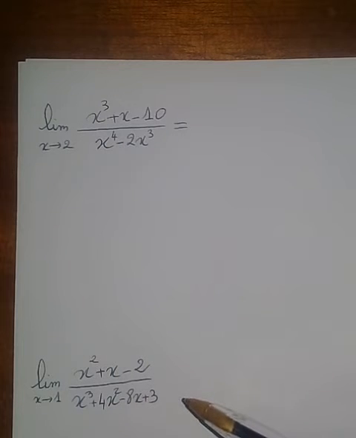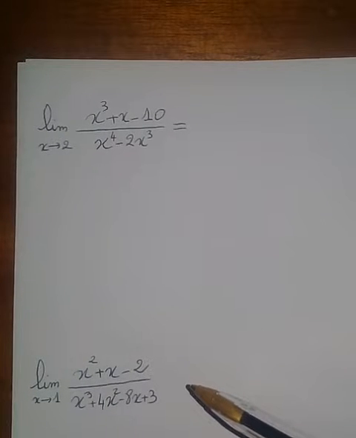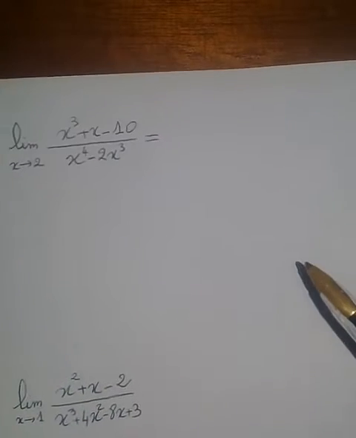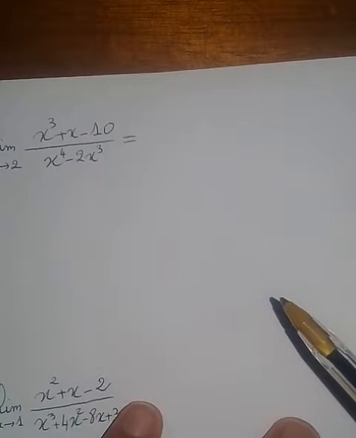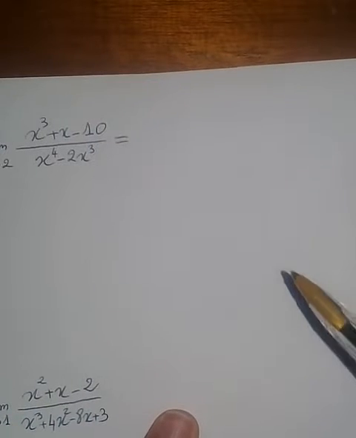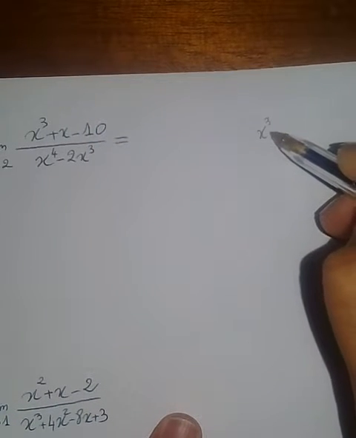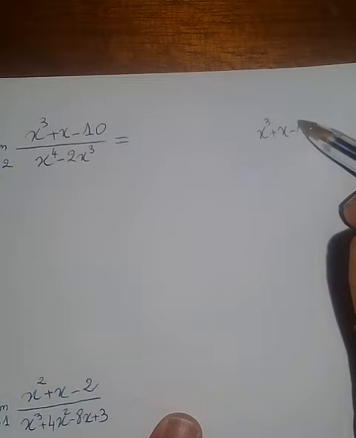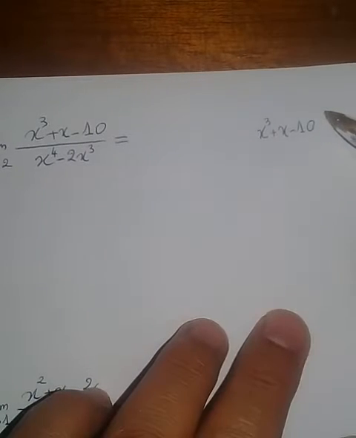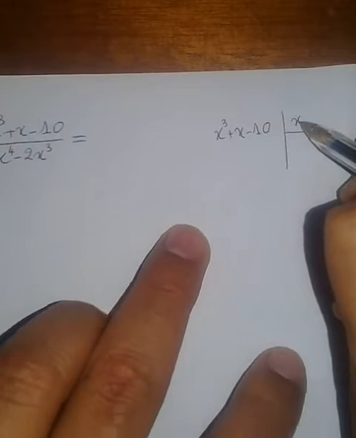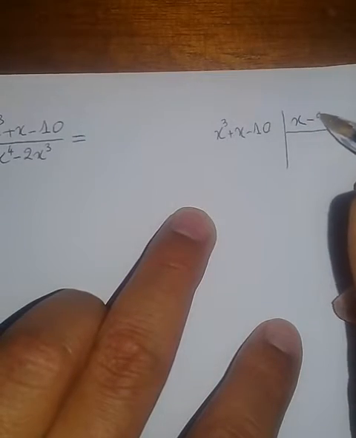Surely you can factorize using other means, but I'm going to take the chance here to show you how to do the long division of polynomials. So I'm going to divide x cubed plus x minus 10 by x minus 2.